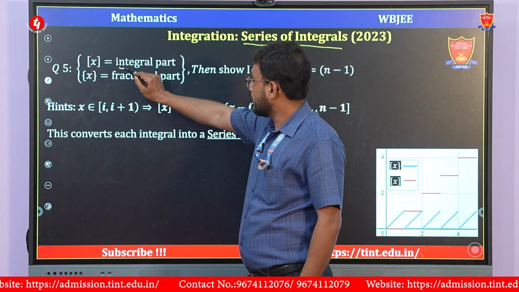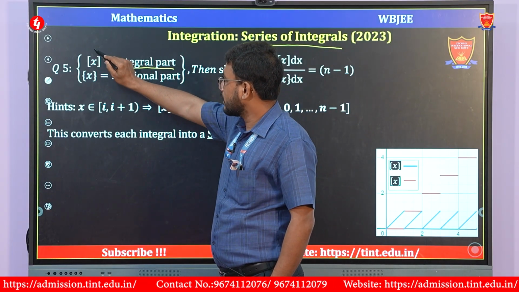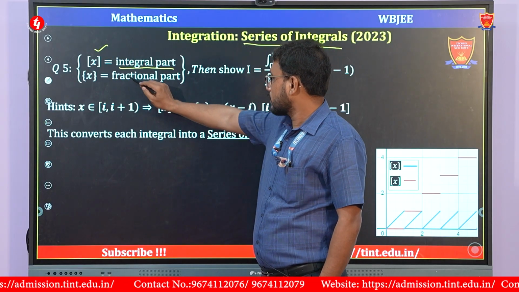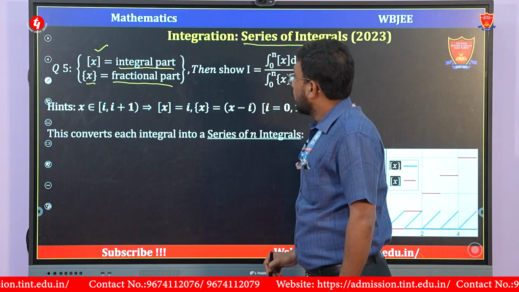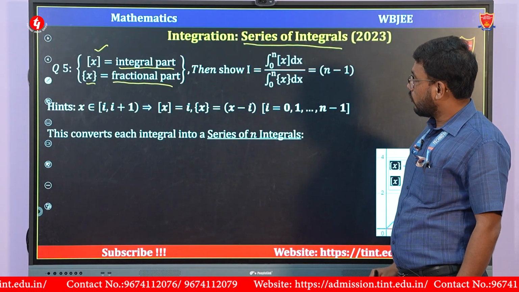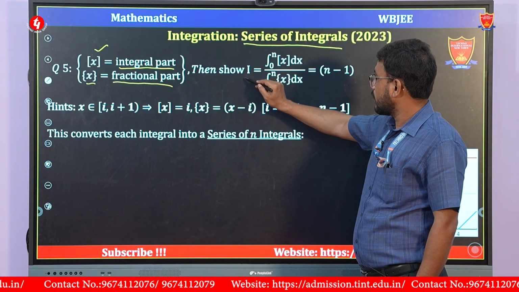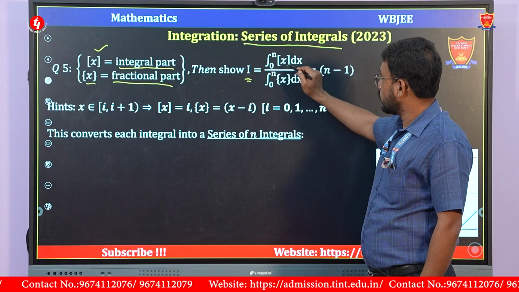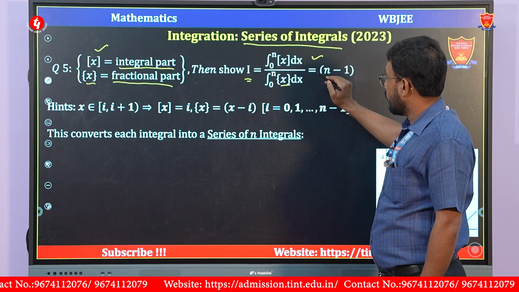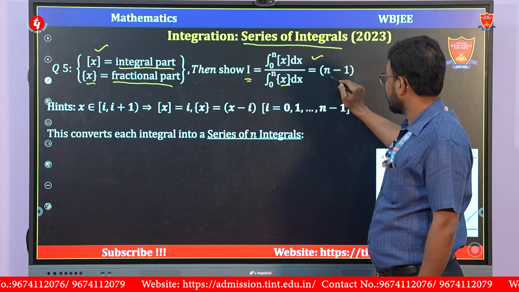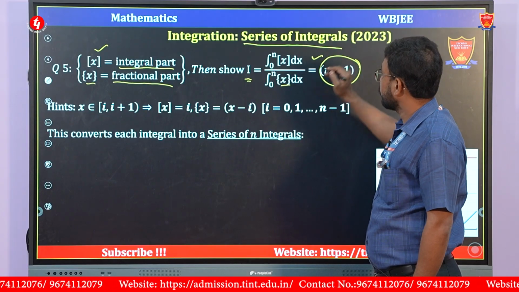One is called the integral part, box x, and another is called the fractional part. Okay, student. So, we have to show I is the integration 0 to n of box x dx by the integration 0 to n of the fractional part dx, this is n minus 1.